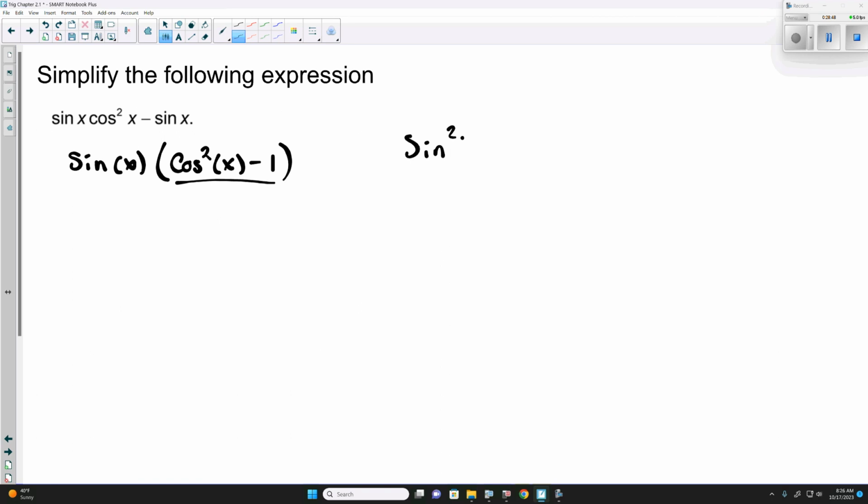So here it'd be sine squared of x is equal to 1 minus cosine squared of x. Are these two the exact same? Almost. They're close, yes? Because in the equation we're simplifying, we have cosine being negative and the one being positive. In the other, we have the one being positive and the cosine being negative.